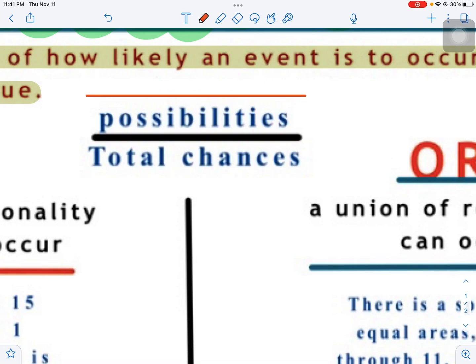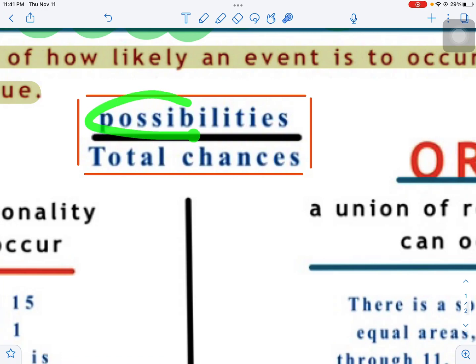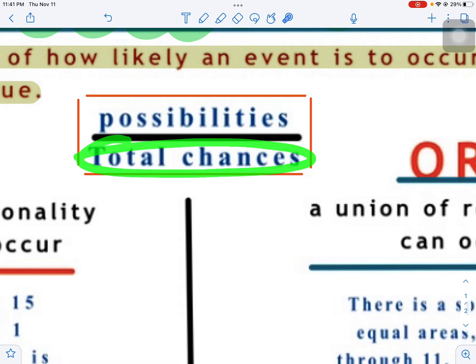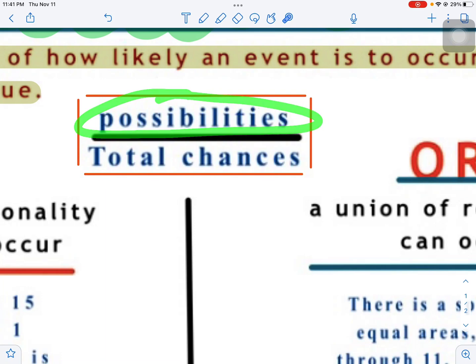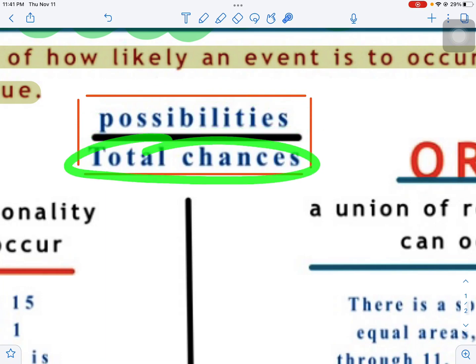Right here, let me put a block around this fraction. And the fraction says it's possibilities over total chances. So the fraction line is like that. This is what are the possibilities over what is the total chances that something might happen.